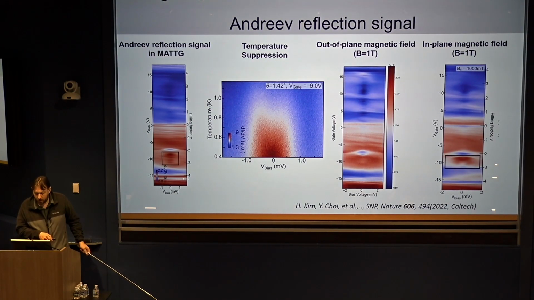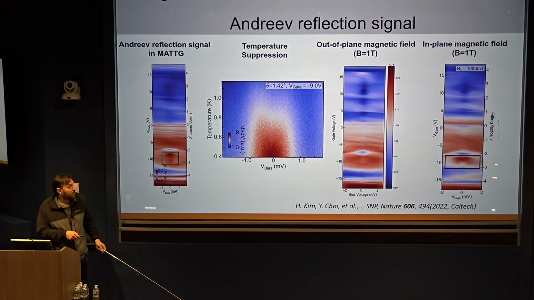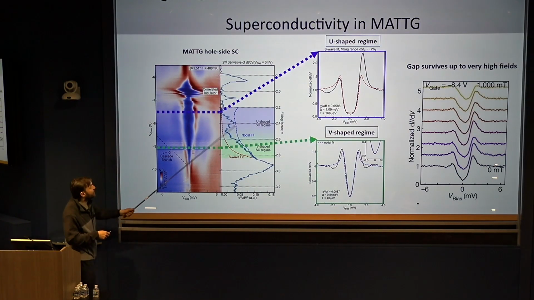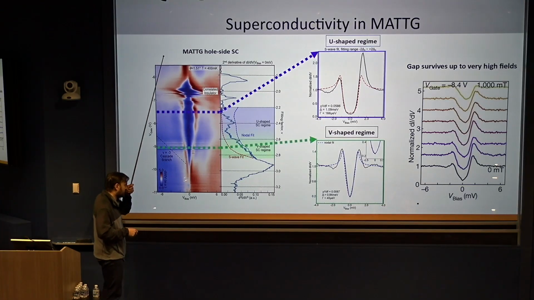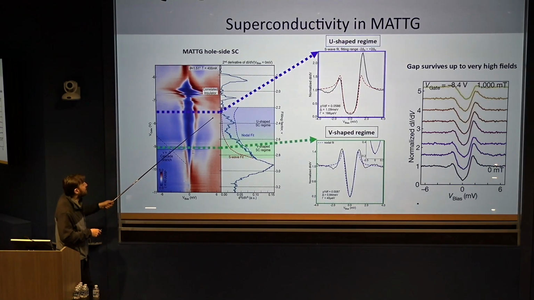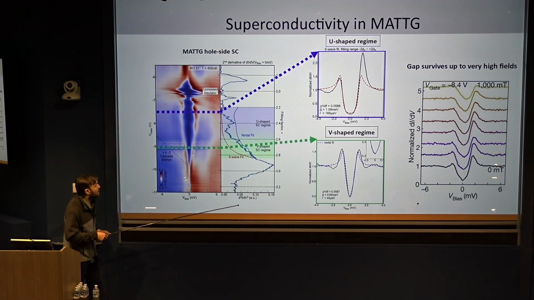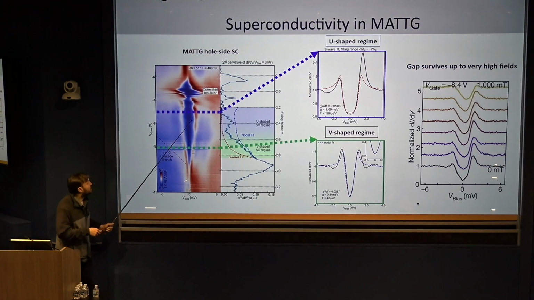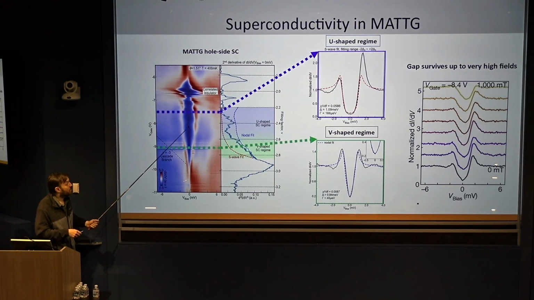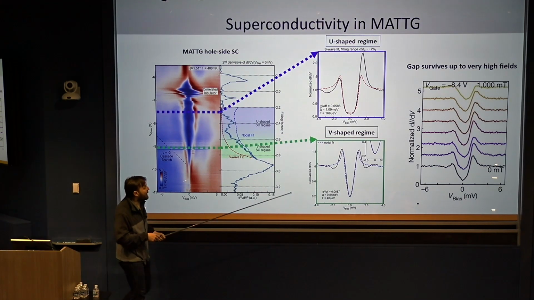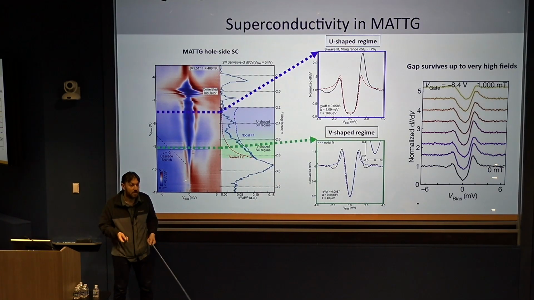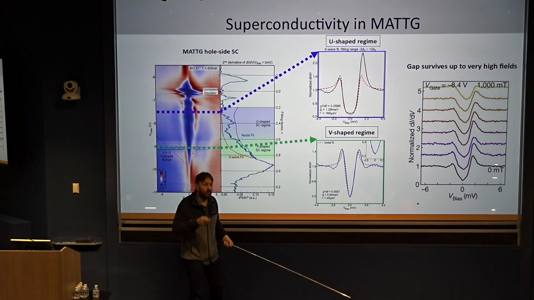Okay, I'm showing this image again. This is the U to V transition, which was interesting at the time. There is an increase in the density of states at zero bias. And there were many mysteries originally surrounding this gap. The biggest of them is that this gap wouldn't get suppressed if you apply an out-of-plane magnetic field.